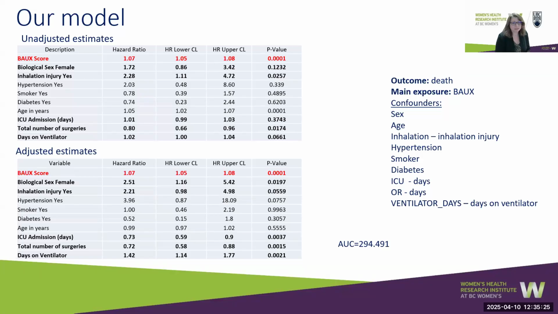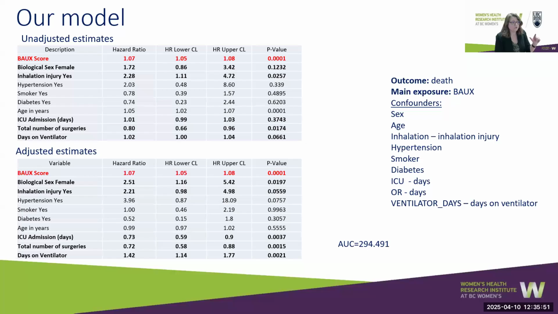After that, I did exactly the same as for logistic regression. I adjusted for all the covariates. And what happened here is exactly the same as for logistic regression: sex suddenly becomes significant, but it was not before. Inhalation injury didn't change. Days in ICU suddenly is a protective factor.